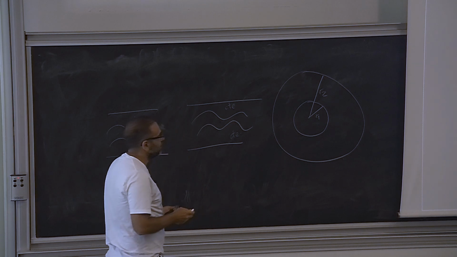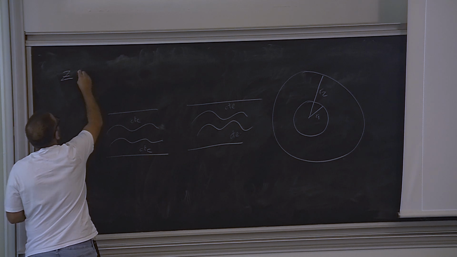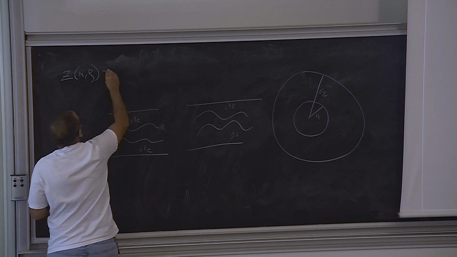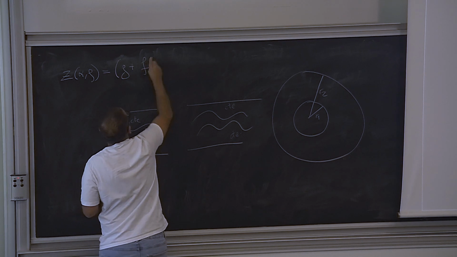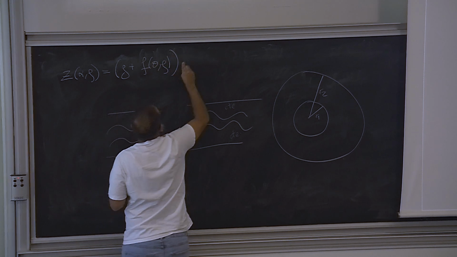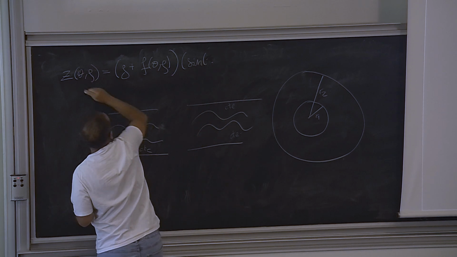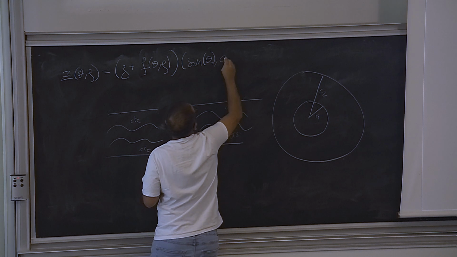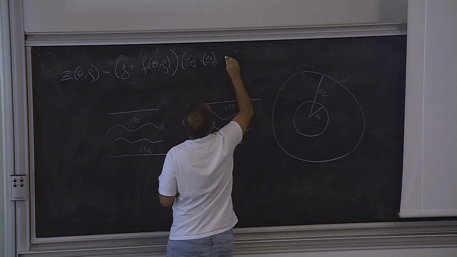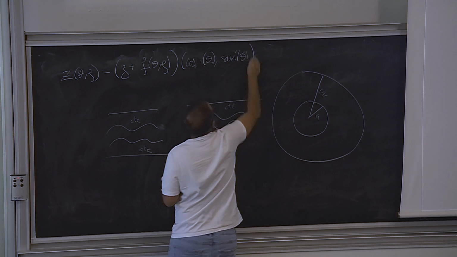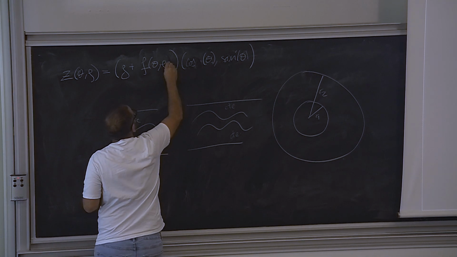So the strategy is kind of the same. In this case, the level set must be a closed curve, and we choose this level set as something like this. And then you can arrive again at an equation for f.